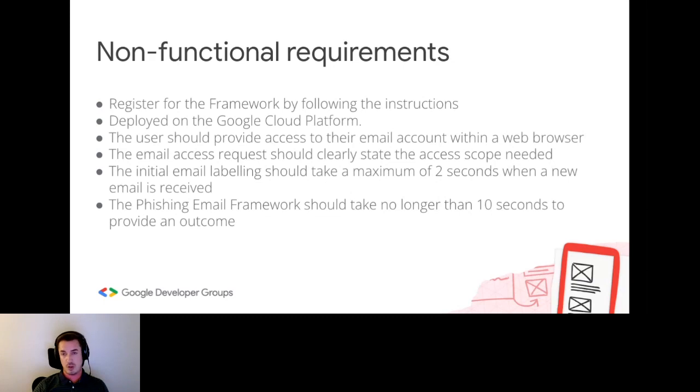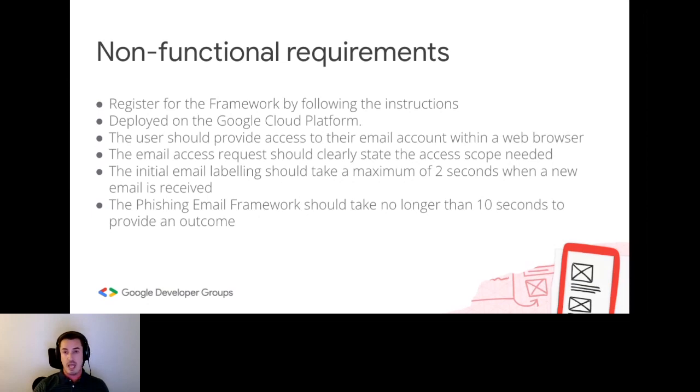The last two requirements are about how fast this framework needs to work. The initial email labeling, the pending label noting that the email has been received in the mailbox but is not yet scanned, needs to take a maximum of 2 seconds. Why?